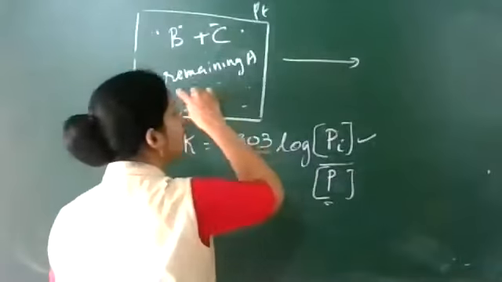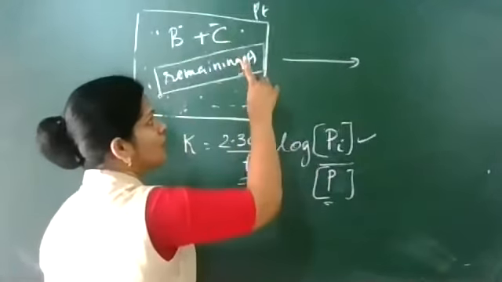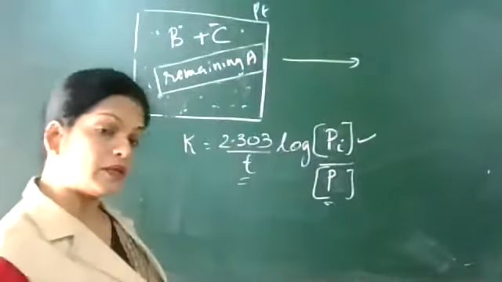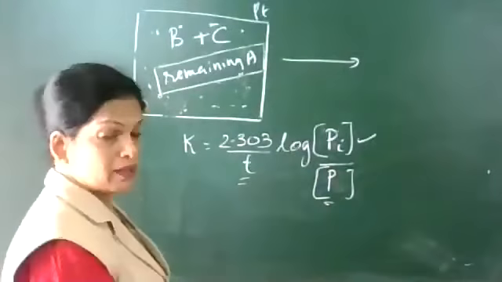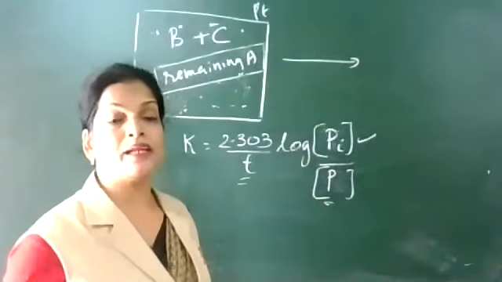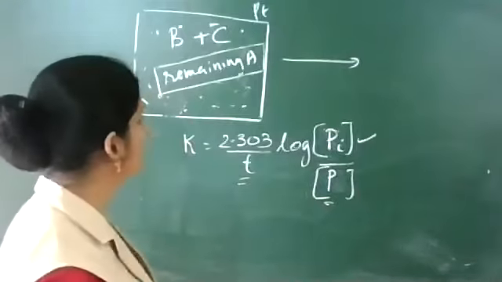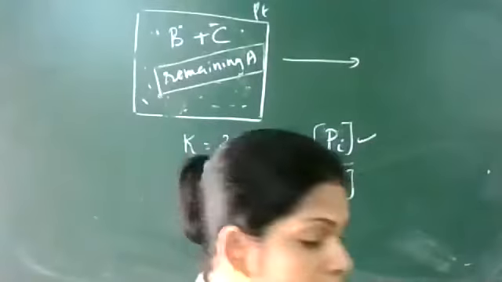We want the remaining A pressure. But using P total and Pi, you can find it out. How can we do that? That is the main thing of this topic. So for that, we are going for a balanced equation.